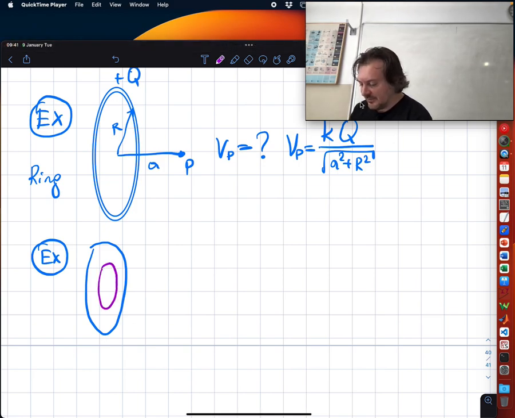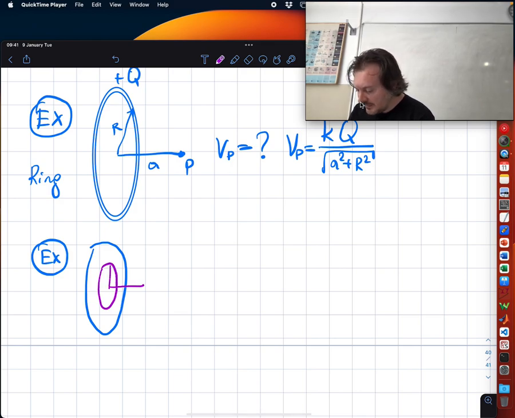Okay, let's do it now, and we will do the reverse. So what Ali is suggesting is that we can use these formulas to figure out the electric field and compare it with what we have found before. So we will do that.